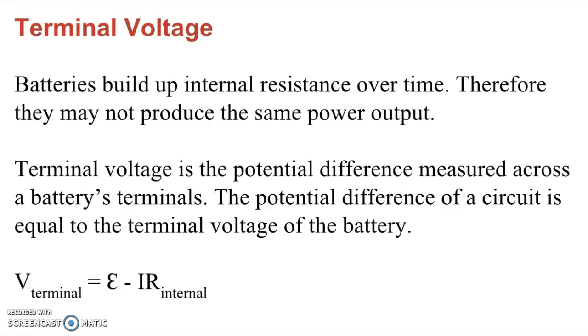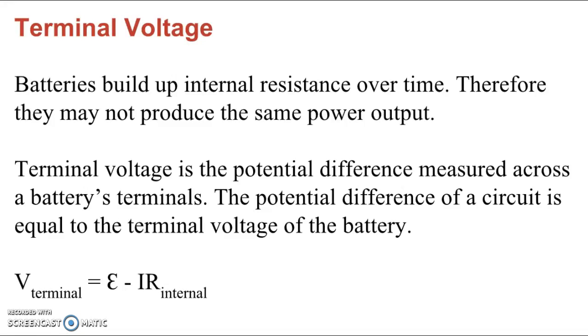We do this through an idea called terminal voltage. Terminal voltage is the actual potential difference provided to the circuit. So say we had that AA battery, 1.5 volts. Its ideal EMF is 1.5 volts, right? So its EMF is 1.5 volts. But because it has internal resistance, we're actually going to lose a little bit of that potential difference.